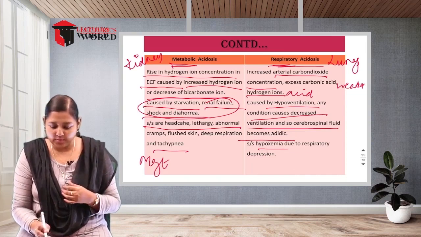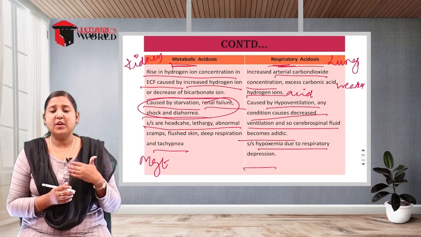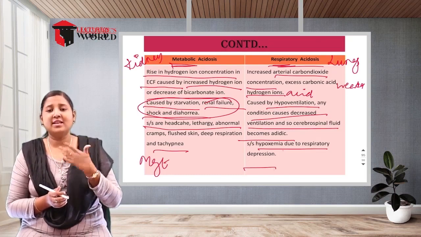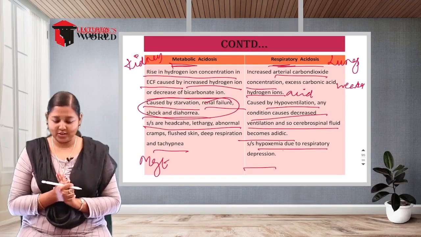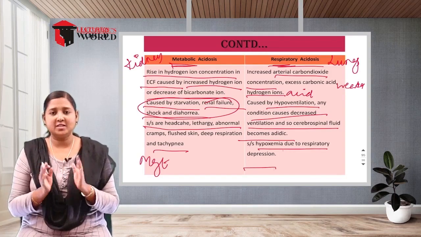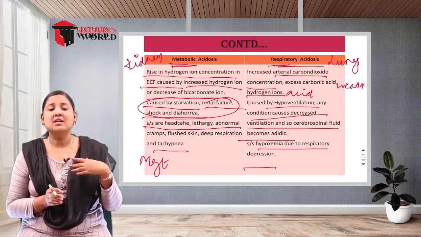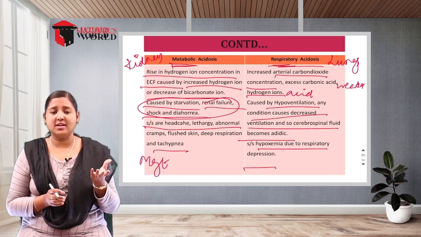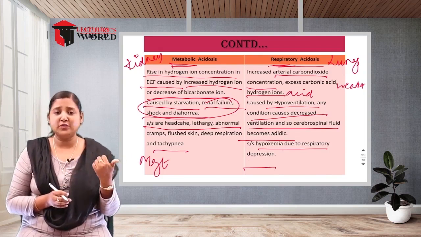So this is caused by any respiratory problem or lung problem. If the patient is having respiratory depression, a patient who is not able to exhale properly, then that patient will result in respiratory acidosis. So both conditions are the same, where in metabolic acidosis, the acids are increased in the extracellular compartment and decrease the pH value of the blood, and that is because of a kidney problem.